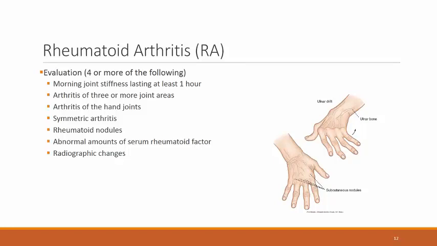But again, RF is a significant finding to diagnose someone with rheumatoid arthritis, versus arthritis of the joints in the hands or arthritis in three or more joint areas, which are not so specific, while RF will be more specific.